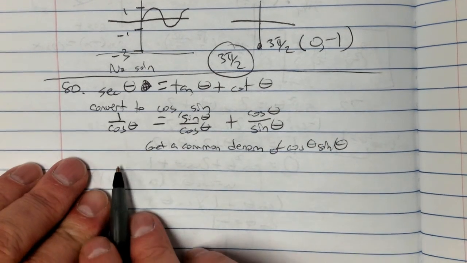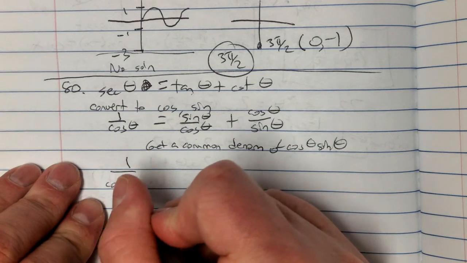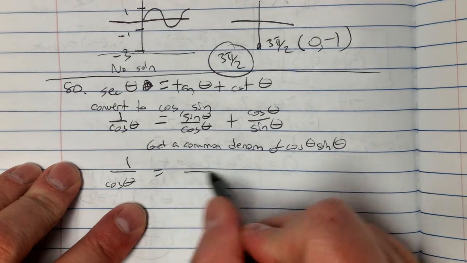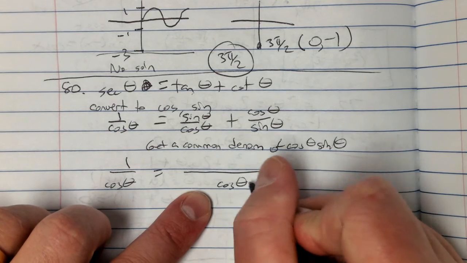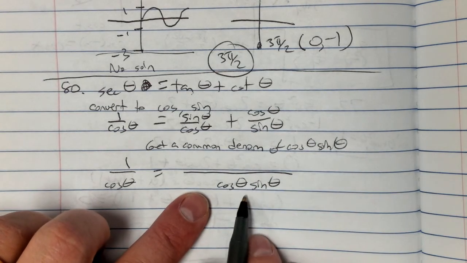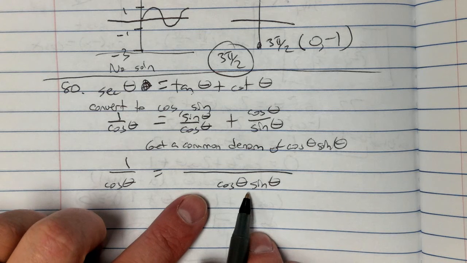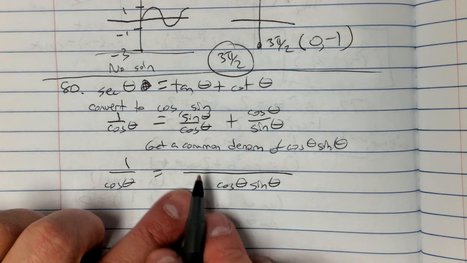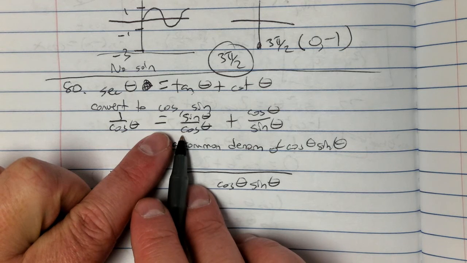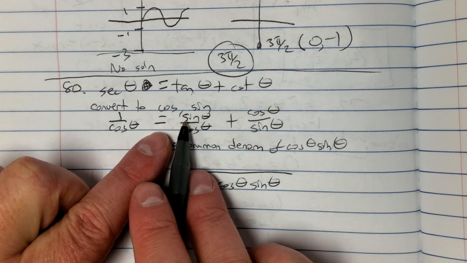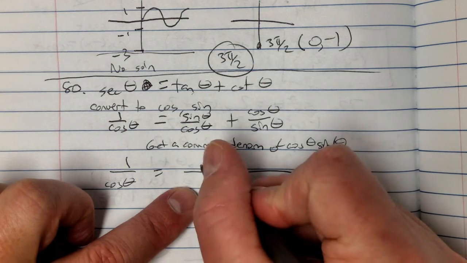So we're going to leave our left side alone, but on this side we need cosine times sine. So what we need to do is multiply by sine over sine to get it. Then we'd have sine times sine is sine squared.